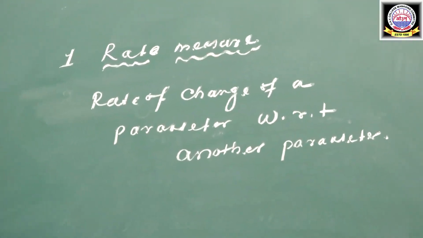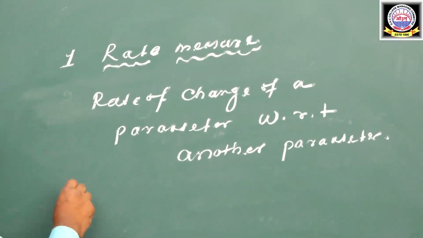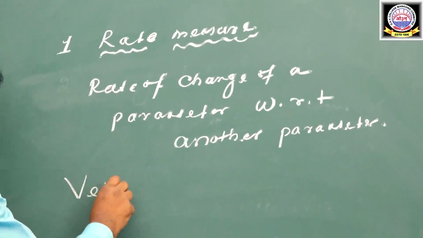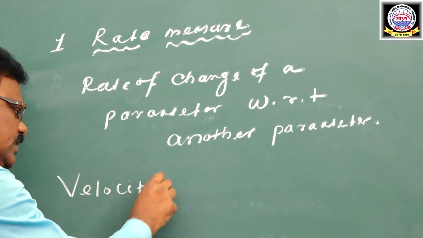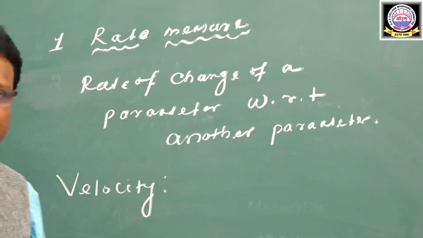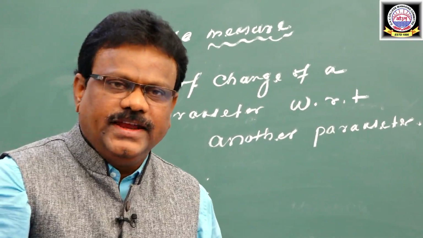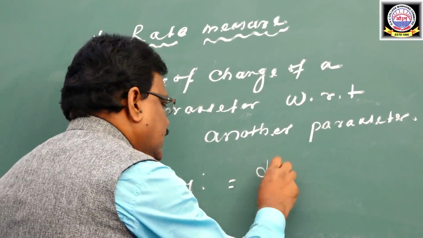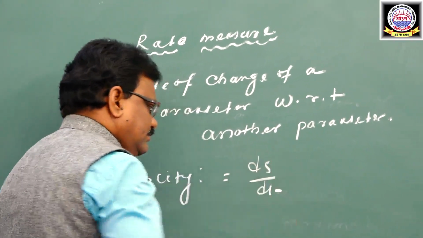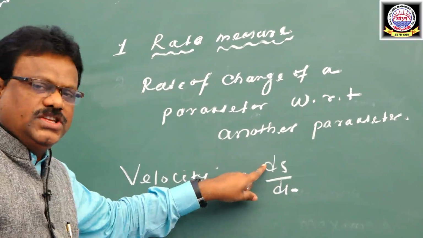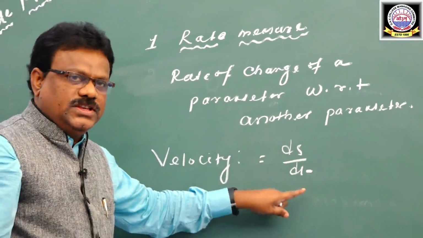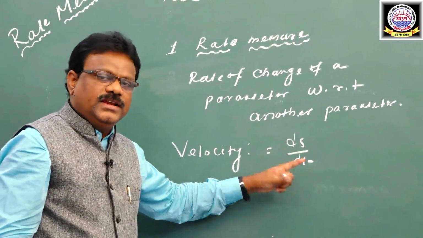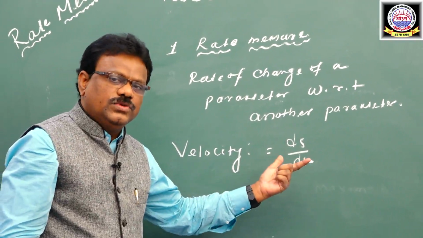You know very well about the velocity. What is velocity? That is the rate of change of displacement, that is called ds by dt. That is the rate of change of displacement with respect to time. That is the velocity, you know.